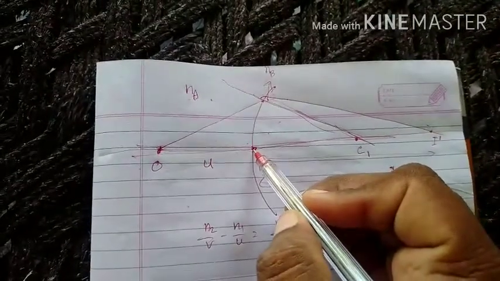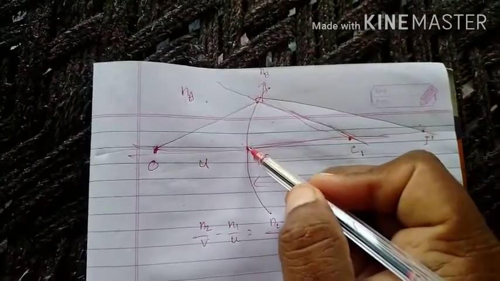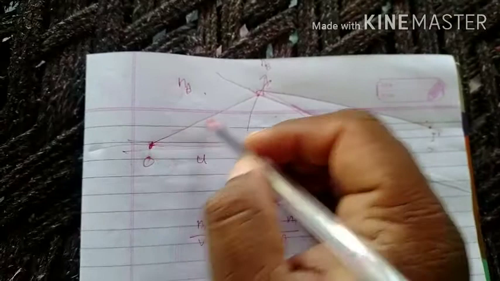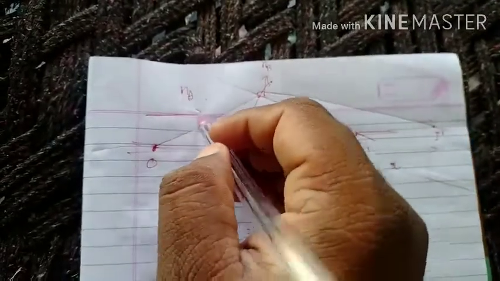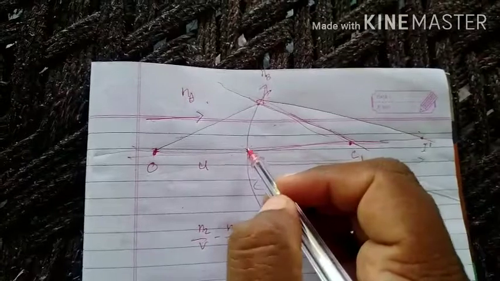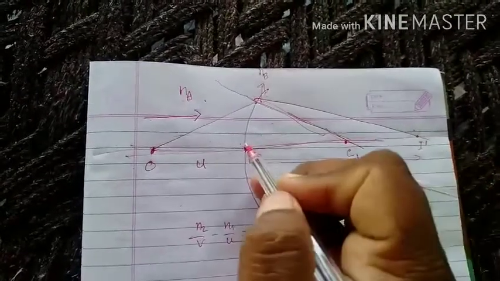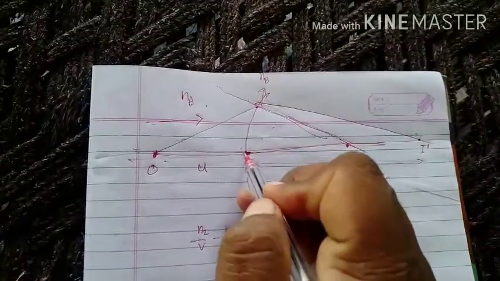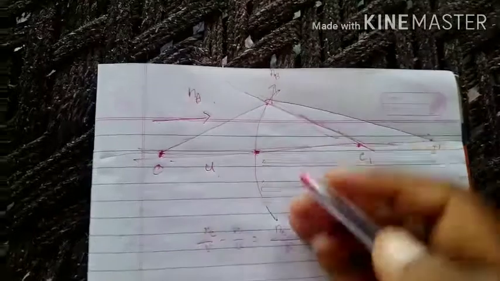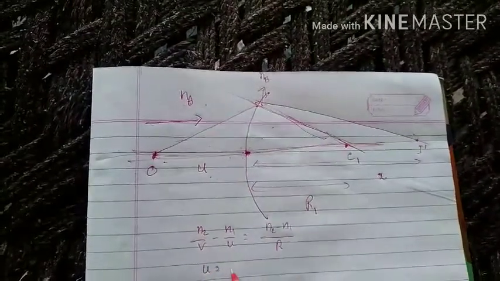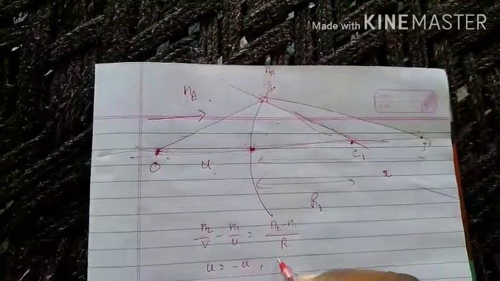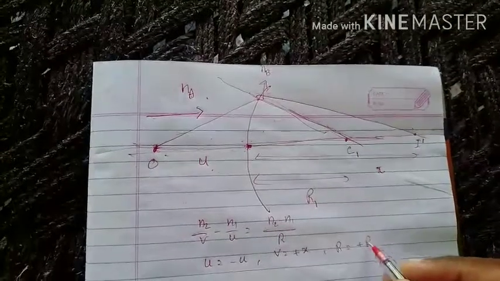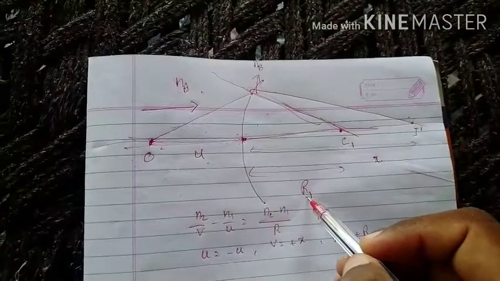So for this curved surface, this point will be the optic center. From this, the light incident ray direction is left to right. From this point, left to right measurements are positive, right to left measurements are negative. You see, only one measurement is from right to left, that is object distance. So u is minus u, v is plus x, r is plus r1, radius of curvature.